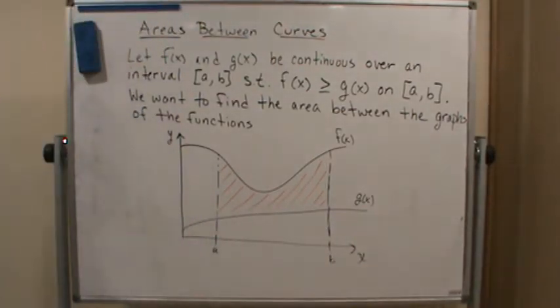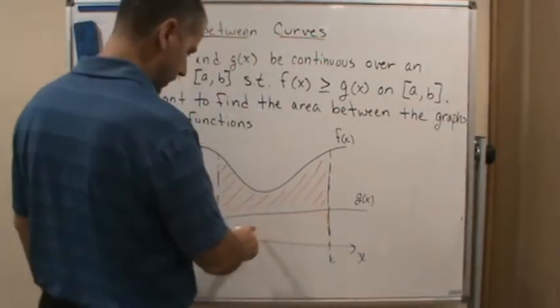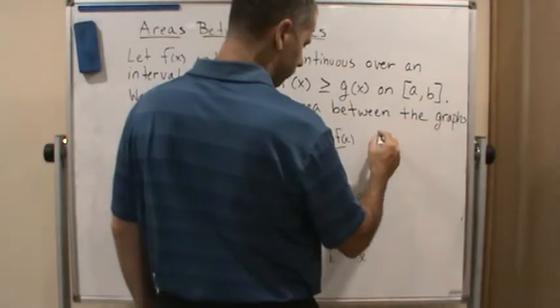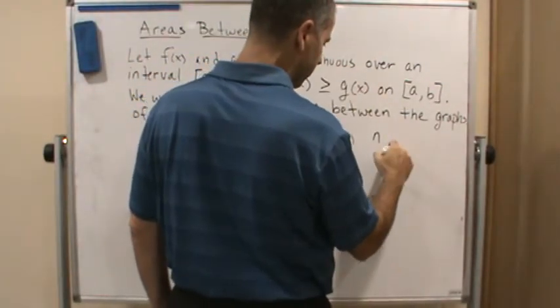So what we're going to do is partition this graph into rectangles. We're going to estimate the area by using the rectangles. So we're going to subdivide this interval into, let's say, n partitions.